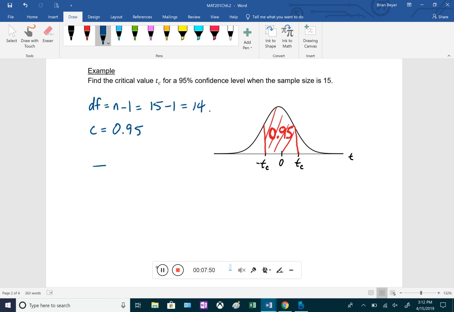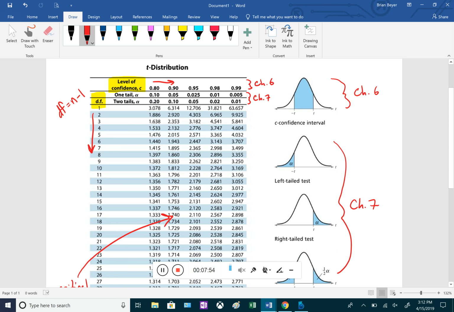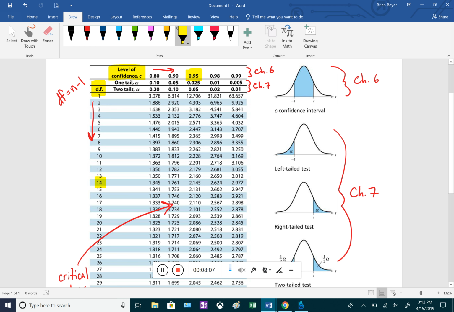From the table, we're going to go to a confidence level of 95%, which is right here. And we're going to go to the degrees of freedom, which is 14, which is right here. And they are going to meet right down here at a value of 2.145.